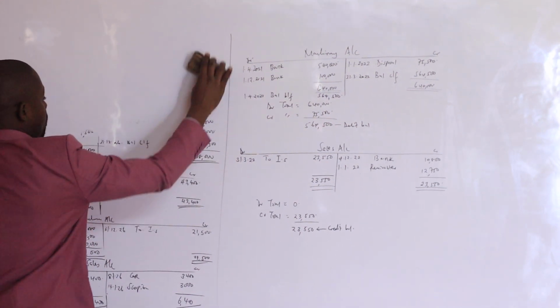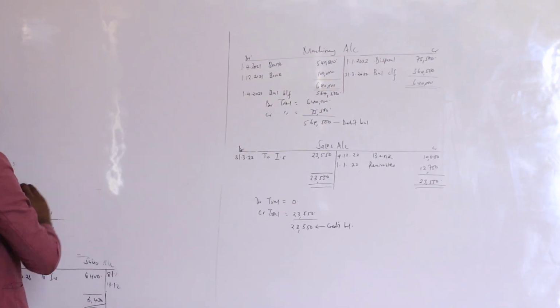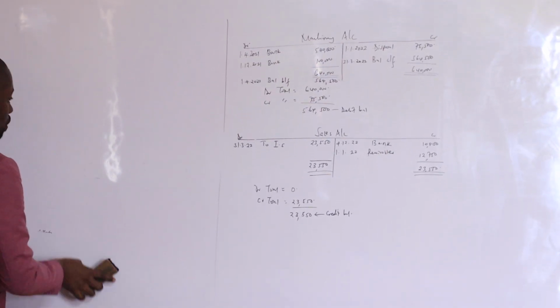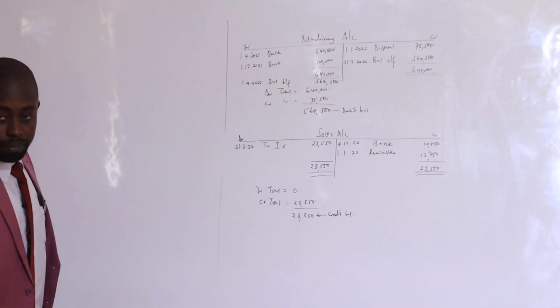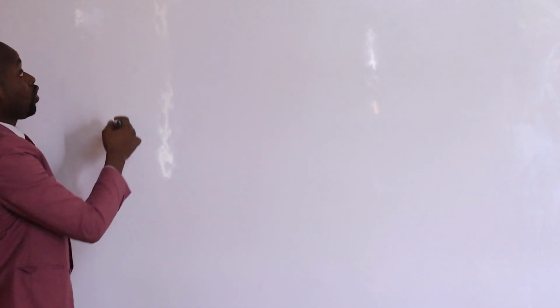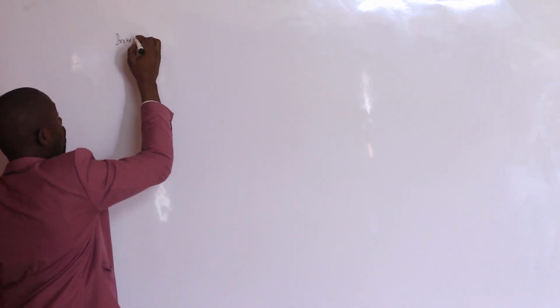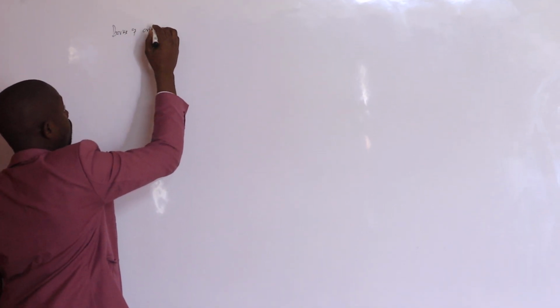Books of prime. Prime means main. The first place we make an entry is called books of prime entry. So what are these books of prime entry? Now let's look at books of original entry, or what you call books of prime entry, or journals.